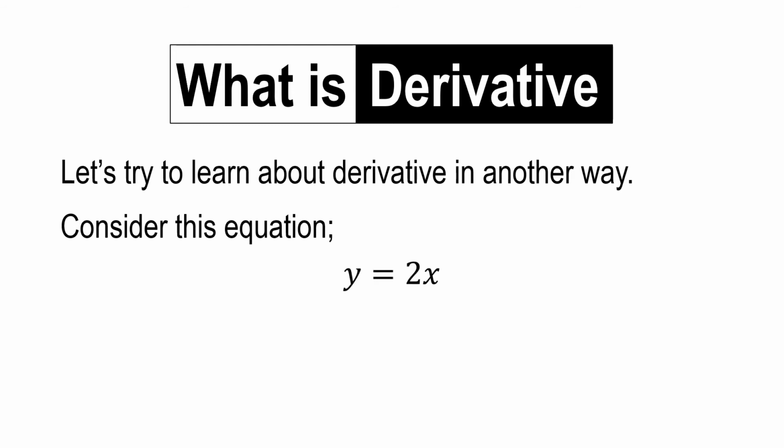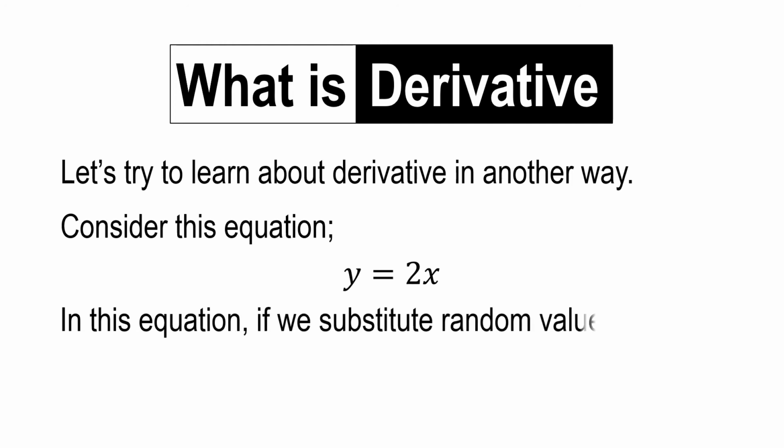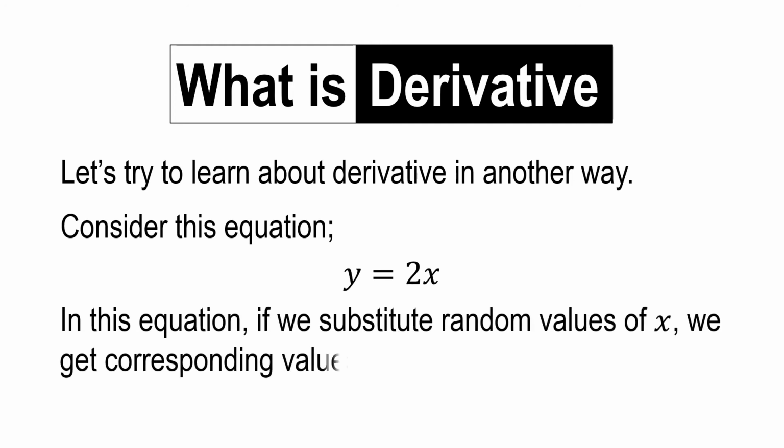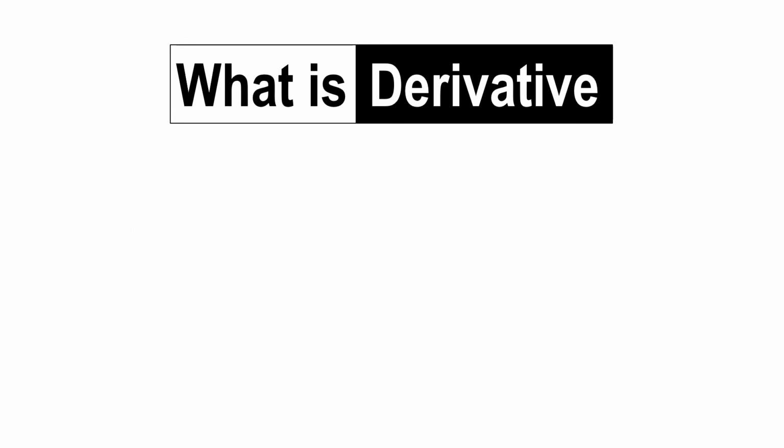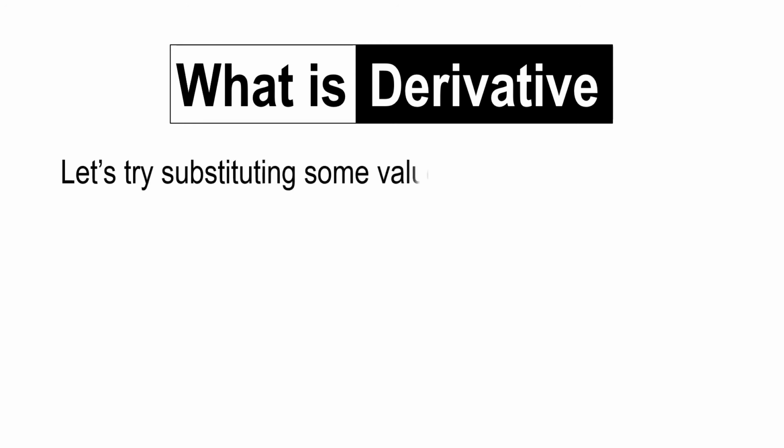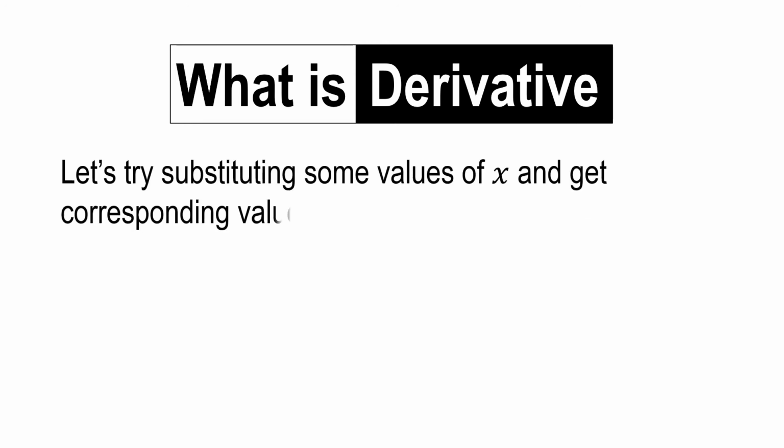Let's try to learn about derivative in another way. Consider this equation. y is equal to 2x. In this equation, if we substitute random values of x, we get corresponding values of y.